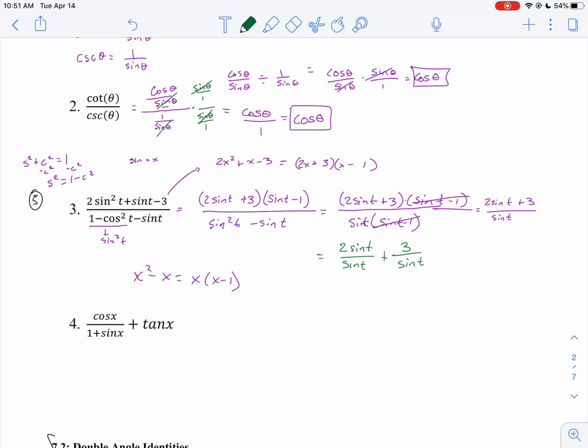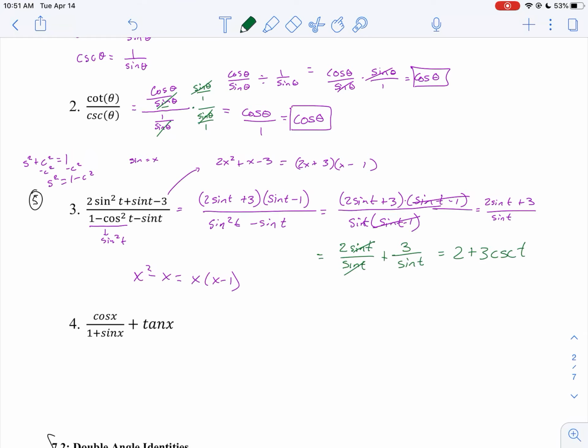2 sine of t over sine of t plus 3 over sine of t. Now, sometimes this won't be helpful. Hopefully you're seeing here this is helpful in this case because sine divided by sine is just 1. And so this becomes 2 plus. Now, with trig functions, I can always write things as reciprocals. So this 3 we can think of as 1 over sine t. 1 over sine t is a reciprocal.